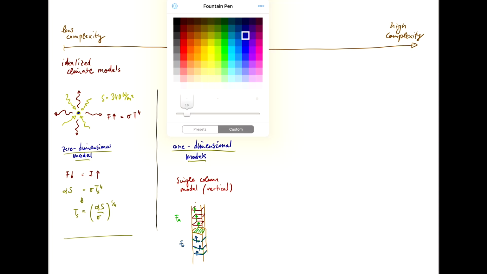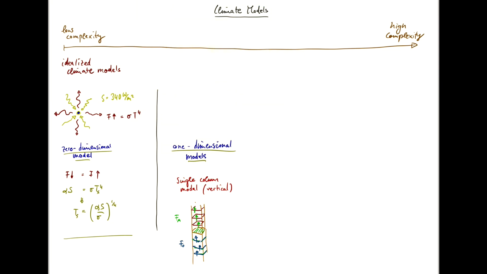Now, another type of one-dimensional model is if you're looking at a horizontal structure, for example, a diffusive energy balance model. In this case, you don't consider the vertical structure, but you only consider a 1D horizontal structure.